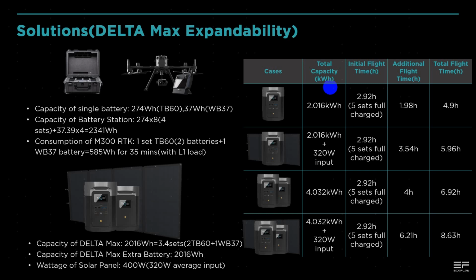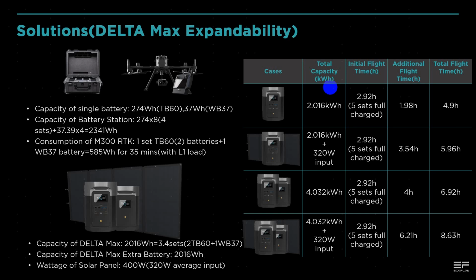As an assumption, the M300 RTK flies with the L1 payload, with 2 TB60 batteries and 1 WB37 battery. The total consumption is 585 watt-hours.